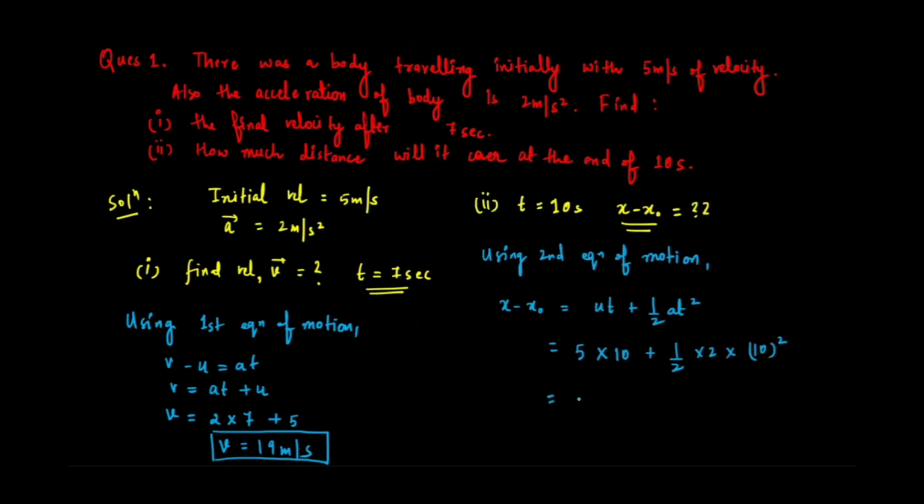It is going to be 50 plus 100, that is 150 meters. So the displacement, or distance covered, during these 10 seconds is 150 meters. This is how we are supposed to solve problems using these equations of motion.